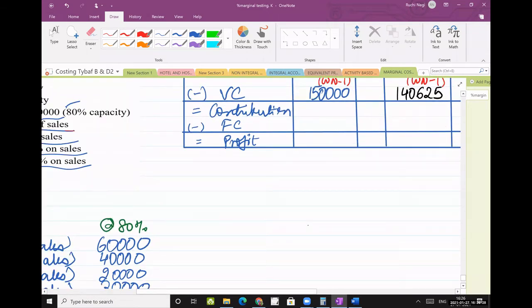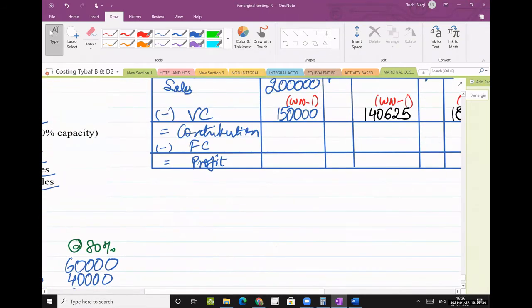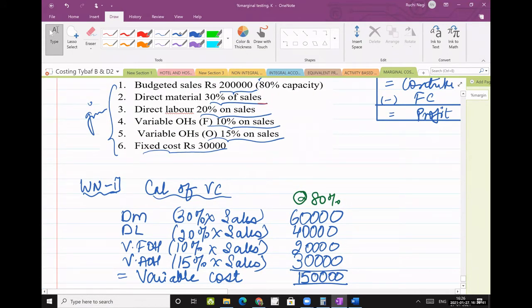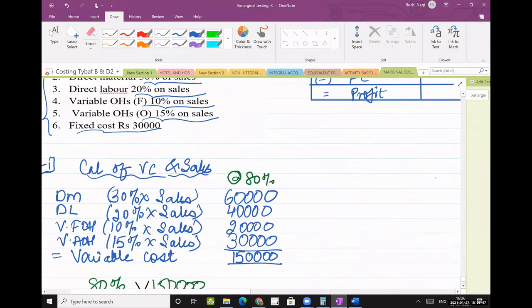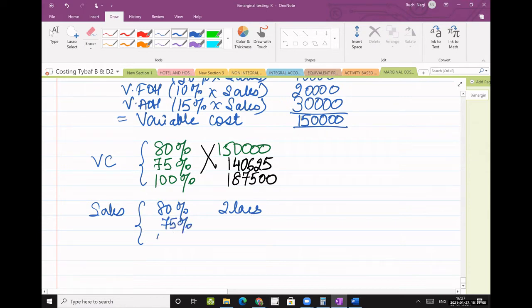Similarly, calculate for sales. The calculation for sales will be the same way. So I'm continuing the calculation of sales also here only. Calculation of variable cost and sales, I'm clubbing it. Apply the same logic that we used for variable cost to sales also. At 80% sales is 2 lakhs, so how much at 75% and at 100%? Cross multiply.